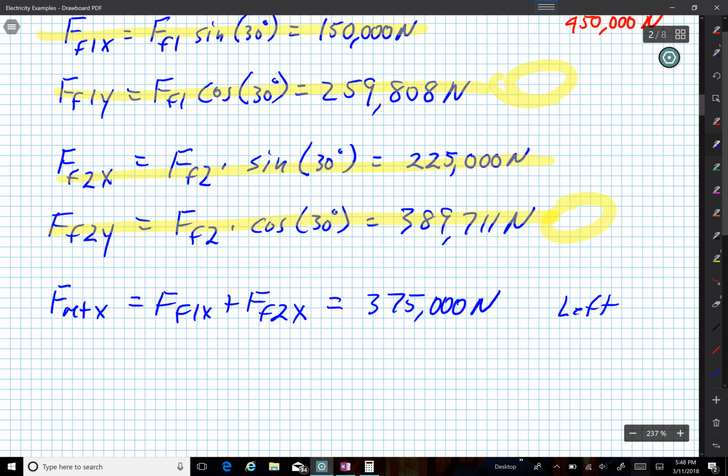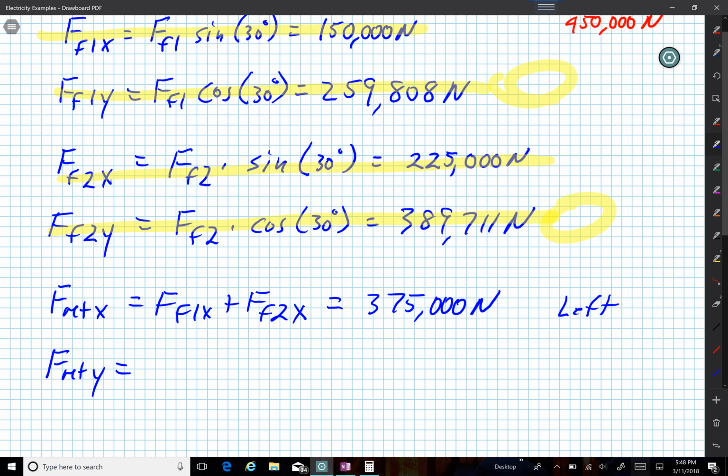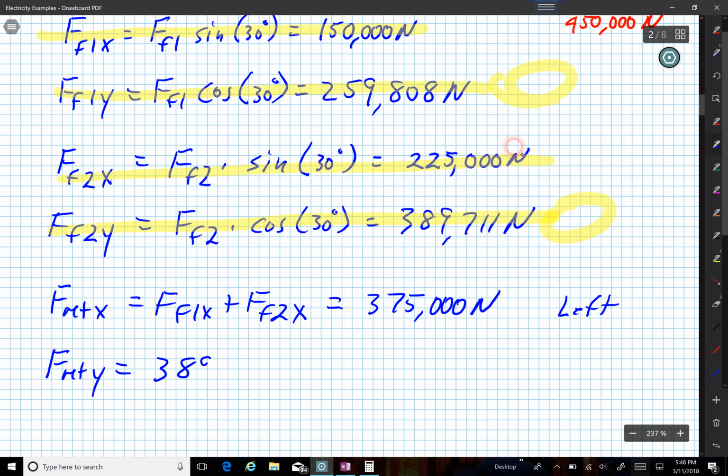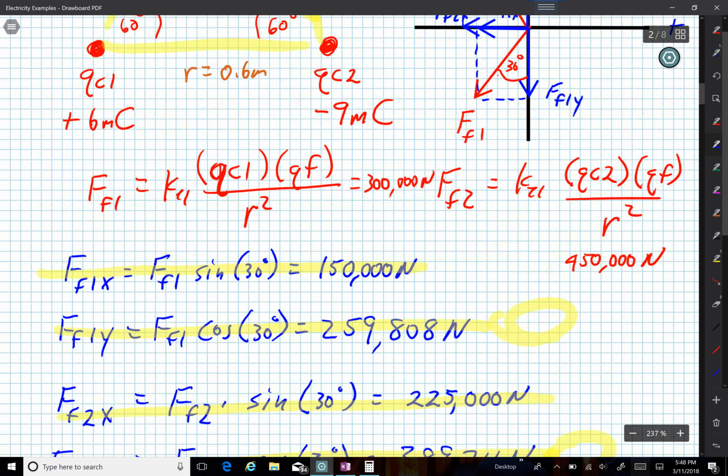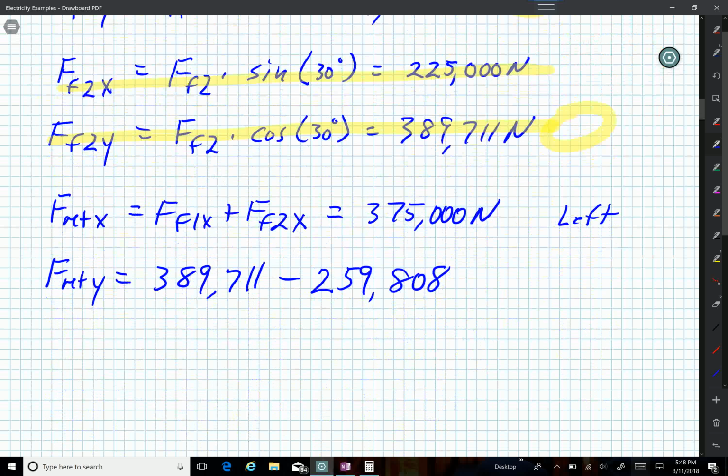And F net y is going to be, so let's see, up was positive, so that was F2y, so that's going to be 389,711 minus the F1y was down, so that was going to be 259,808. That's right. F1 was down. That's right. Okay, so that's the negative one.